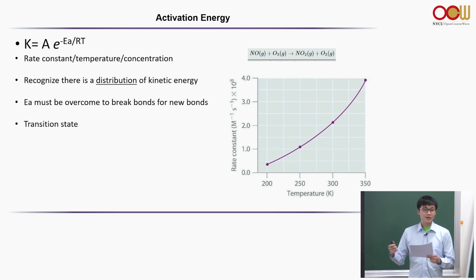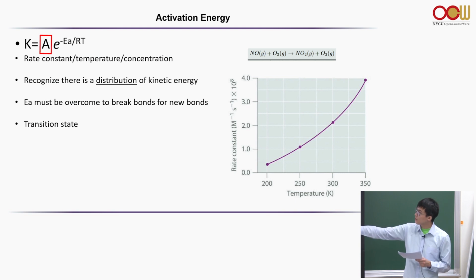And then when they move fast enough, we have recognized all these particles have a distribution of energy, and only the ones that move fast enough and collide with another molecule in the right orientation, a chemical reaction could happen. Okay, so activation energy is an energy barrier that we must overcome before your reaction could happen.